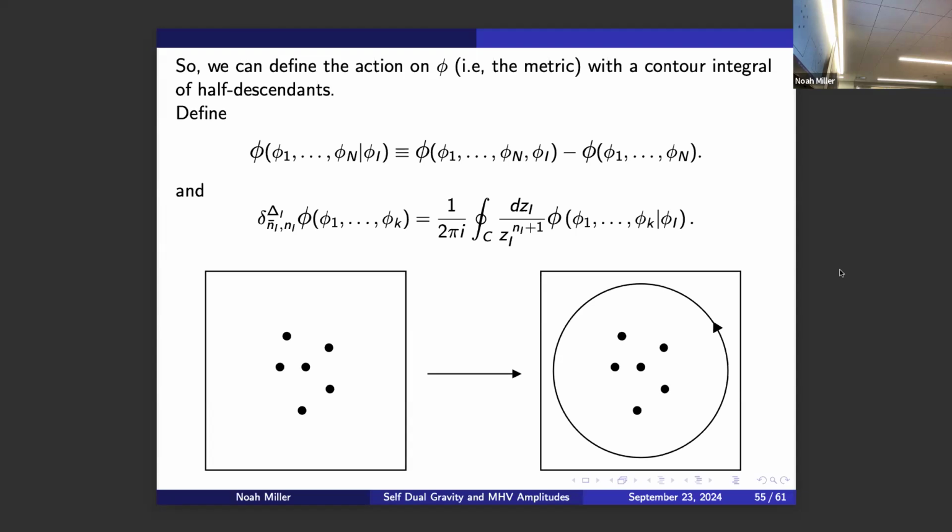That's what gives us the LW1+infinity action. This loop integral is just taking derivatives with respect to z. If you take a half descendant and take descendants with respect to z, you get the full descendant. So here we're taking the full descendant.